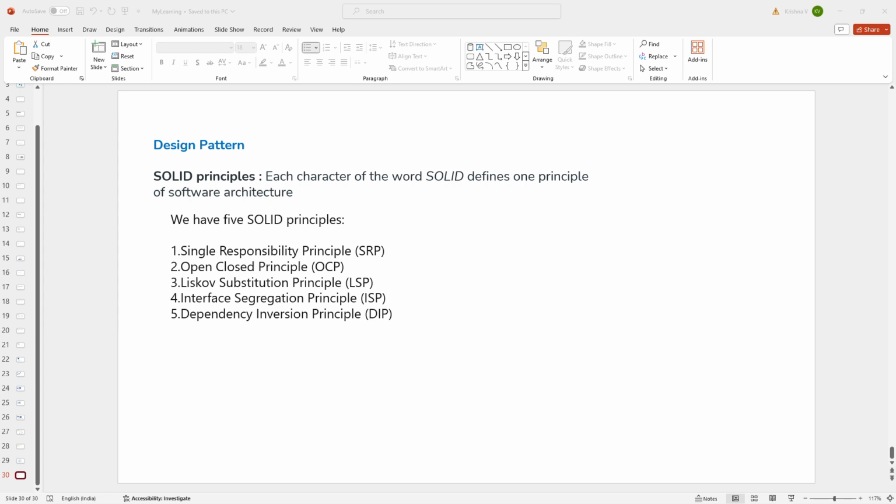So what is the SOLID principle? S stands for single responsibility principle, O stands for open closed principle, L stands for Liskov substitution principle, I stands for interface segregation principle, and D is the dependency inversion principle, DIP.